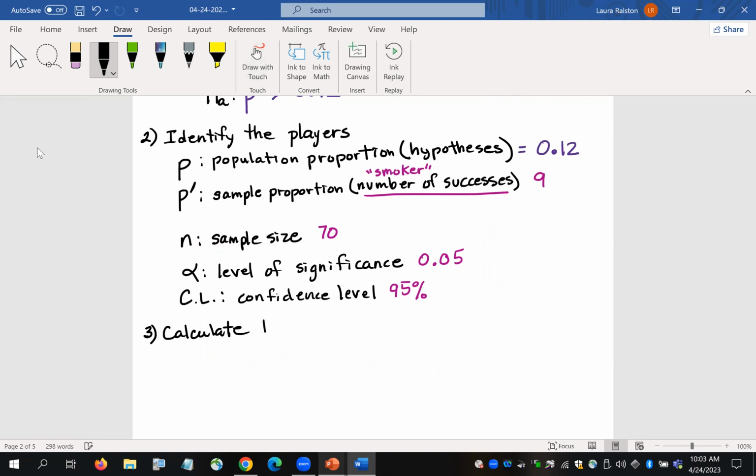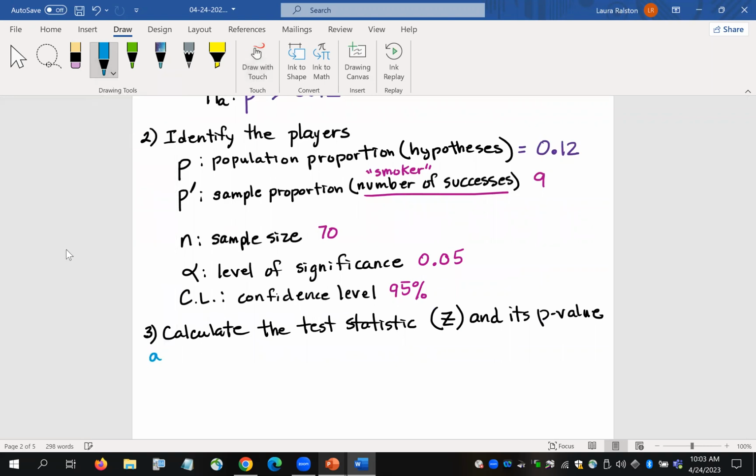Then we're going to calculate the test statistic, which in this case is going to be a Z, and its p-value. We do that in Minitab.